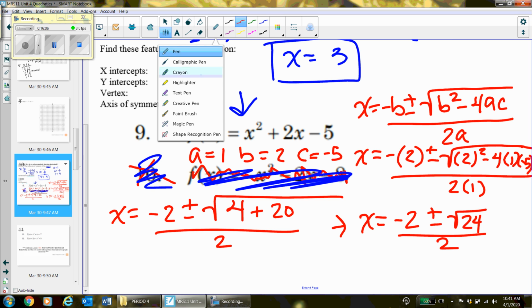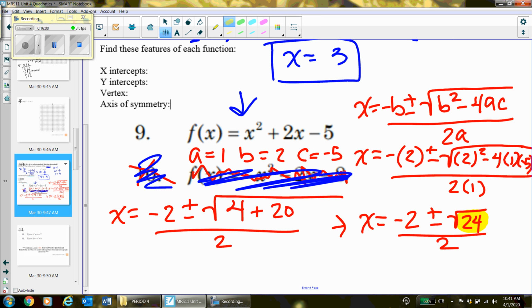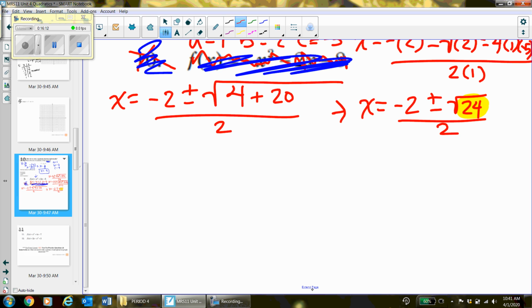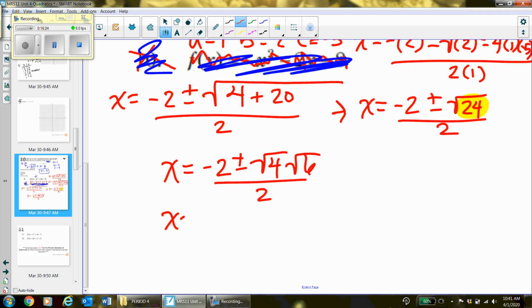I can now break down this radical 24. I know that 4 goes into 24, so I can write the square root of 4 times the square root of 6, over 2. x equals -2 plus or minus... the square root of 4 is 2. Leave the square root of 6, it cannot be broken down. Divide by 2. Now I see that I have all these 2's here.